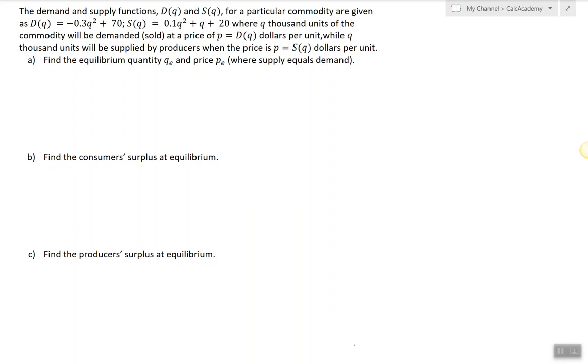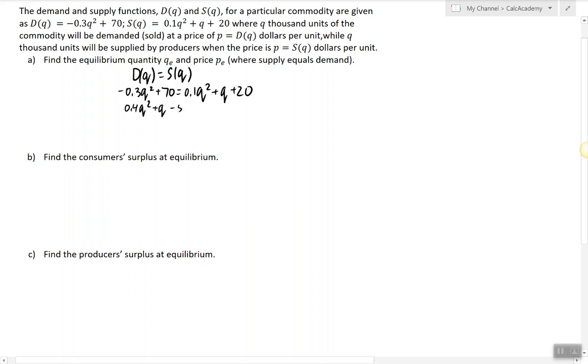To find this, we're going to set dq equal to sq. That means we have to solve the following equation, which can be solved by factoring.